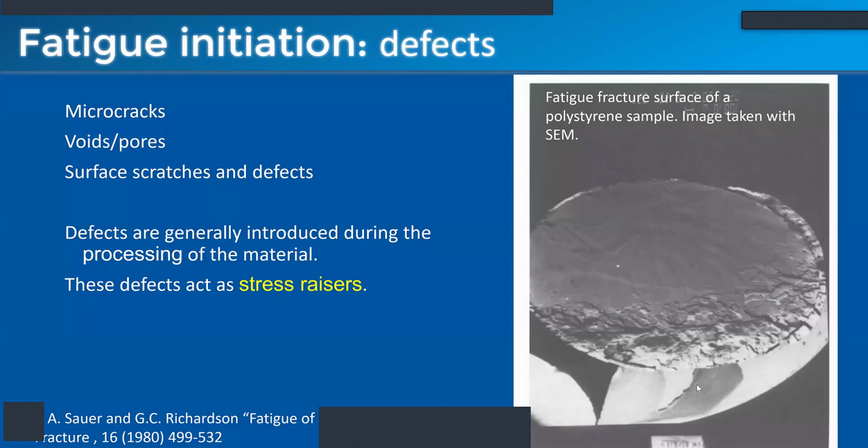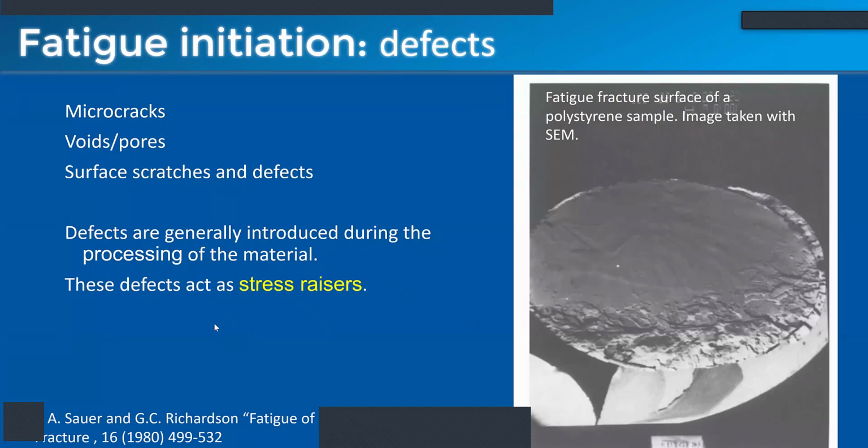So why does this matter? Well, it's good to know if you are designing a material that is going to be subject to repeated loading and unloading. You need to minimize the presence of cracks and defects on the surface of your material to prevent seeding sites or nucleation sites for fatigue failure to occur. Sometimes it's unavoidable.